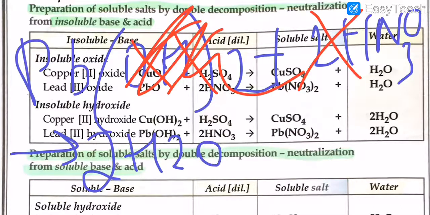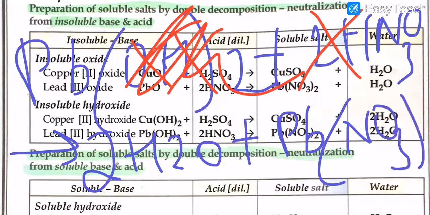You have Pb and 2NO3 left. So again you'll put a bracket, right? Plus Pb(NO3)2. So the whole twice meaning nitrogen becomes 2 and oxygen becomes 3 into 2, 6, and Pb remains 1. So therefore both sides are balanced now.